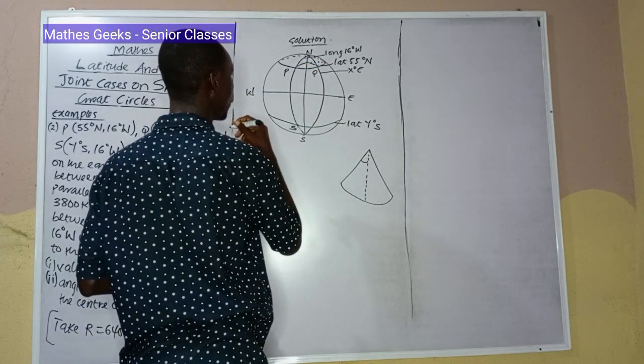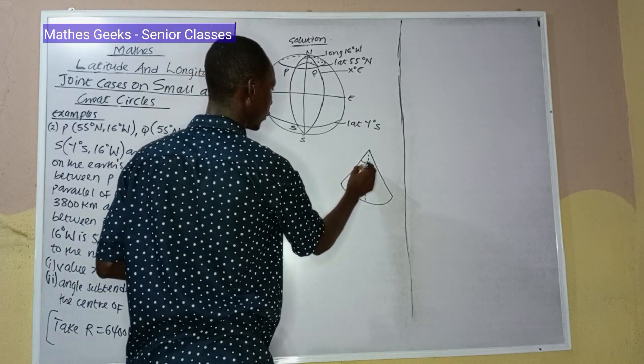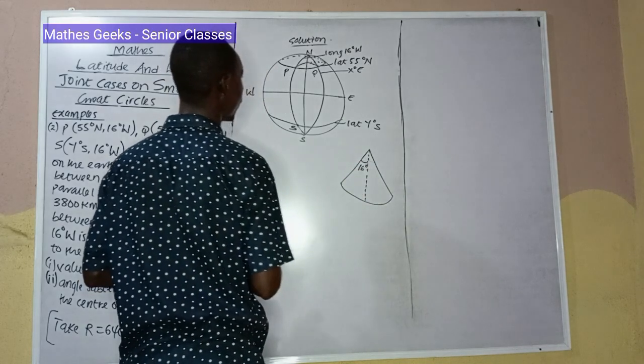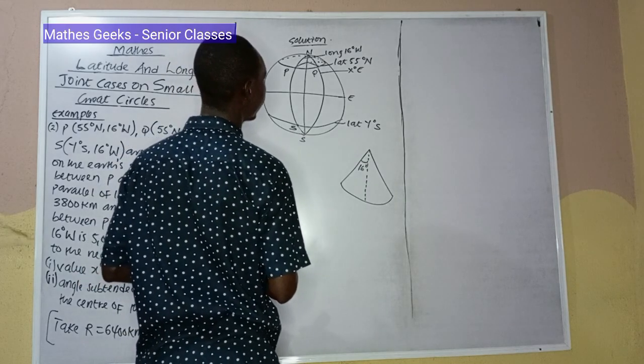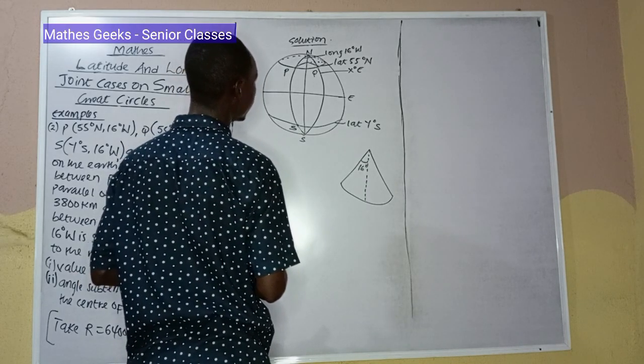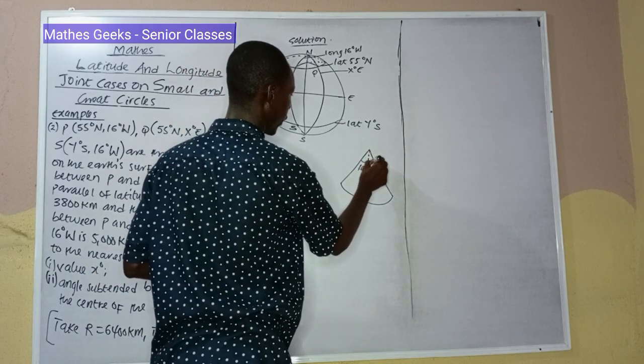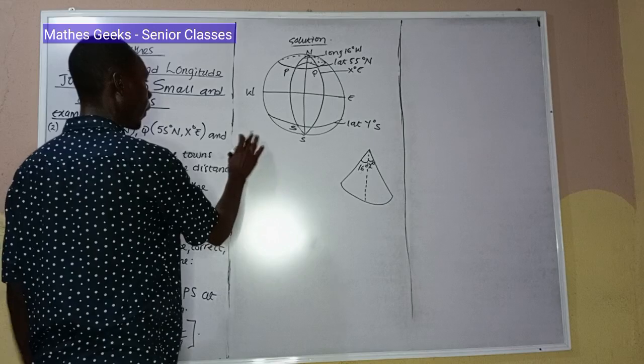Longitude P is 16 degrees. Longitude Q is x degrees east. So we are looking for x degrees.